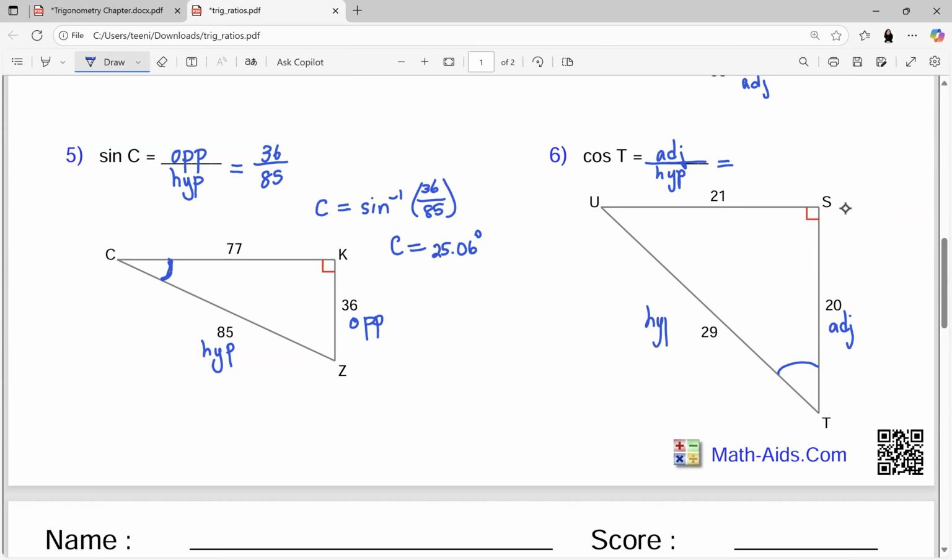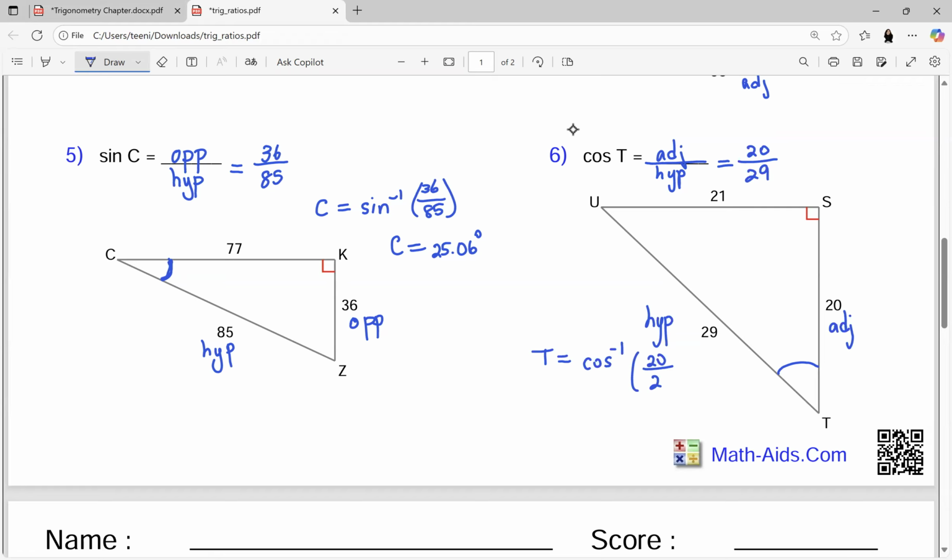Yeah. Good. So cos of angle T is equal to the adjacent, which is 20, over the hypotenuse, which is 29. So therefore, angle T would be equal to 46.4.